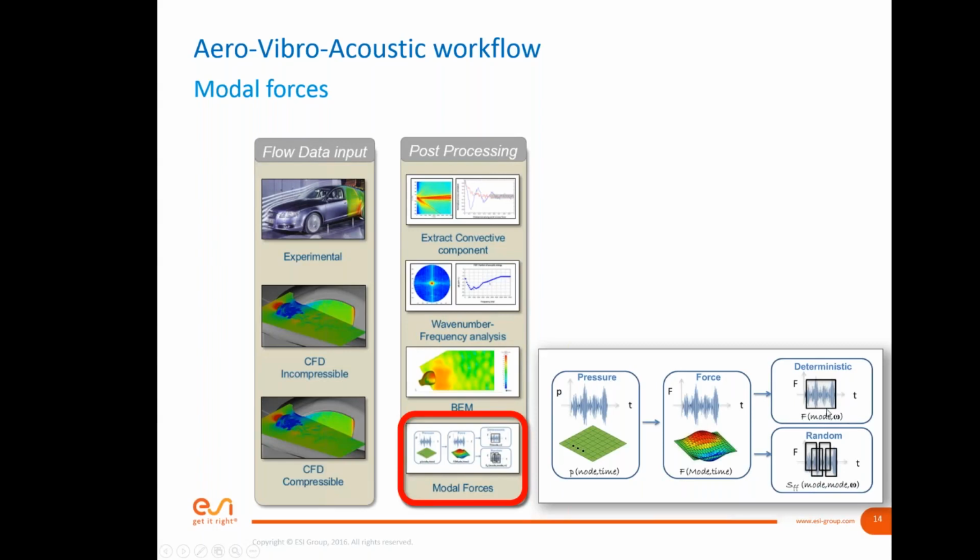Its process is transformed in a frequency domain and projected on the model shapes, and you can keep it in a random way using different segments of the same signal, getting an interspectral matrix in the end that is the load on the model.